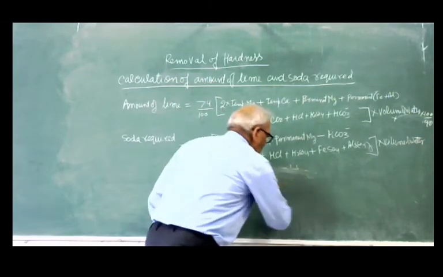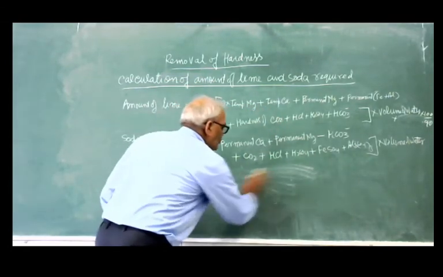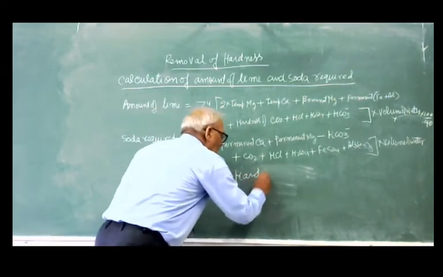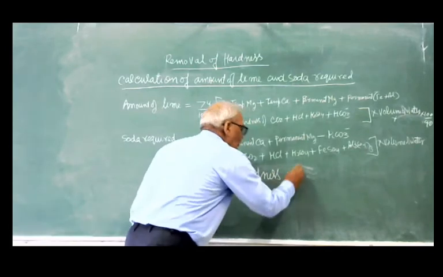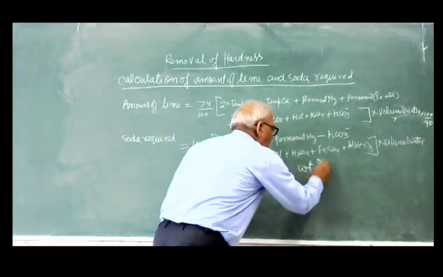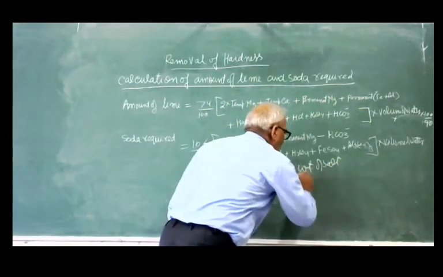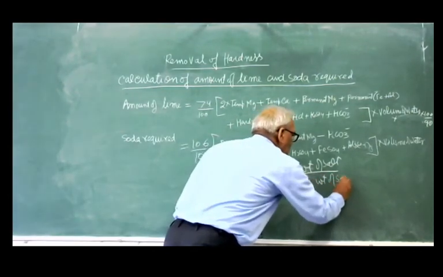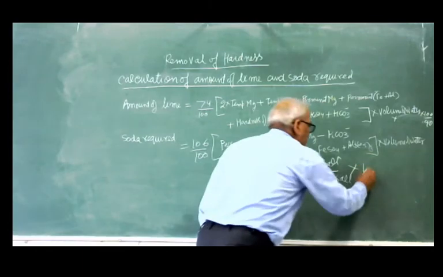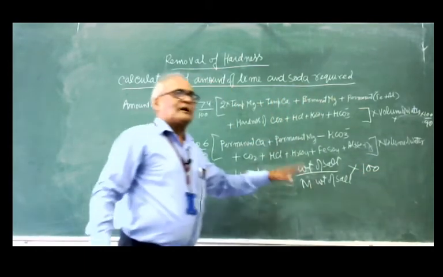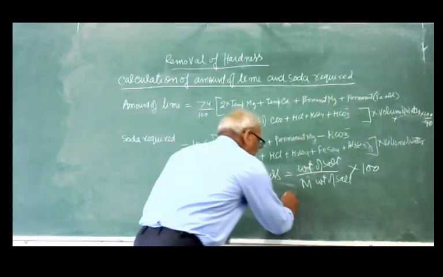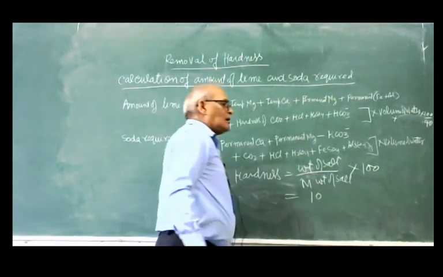So as I have already told you, in calculating the hardness, you have to apply this formula: hardness equals weight of salt divided by molecular weight of salt, multiplied by 100. This formula only. So weight means 10.